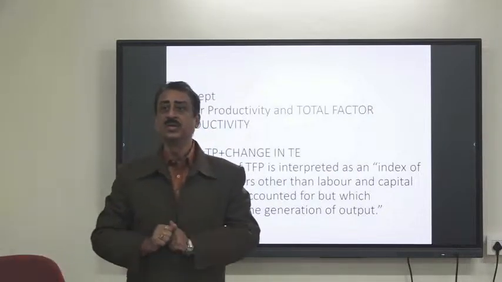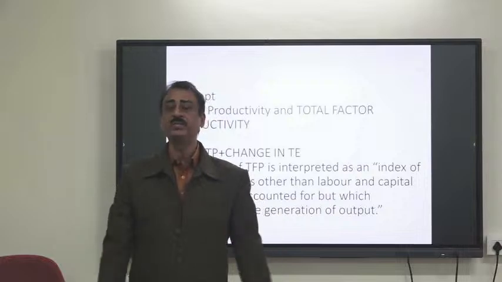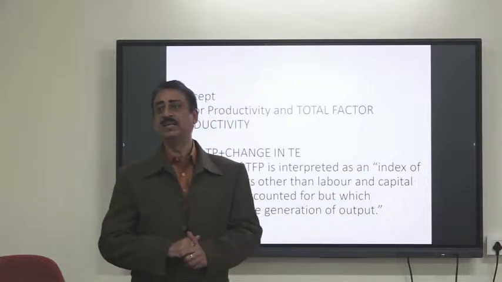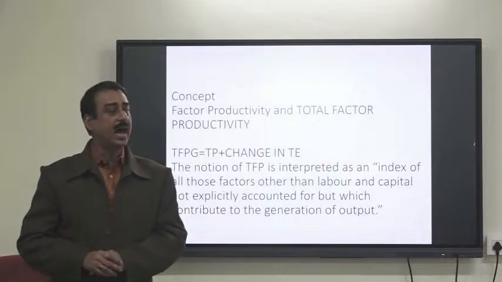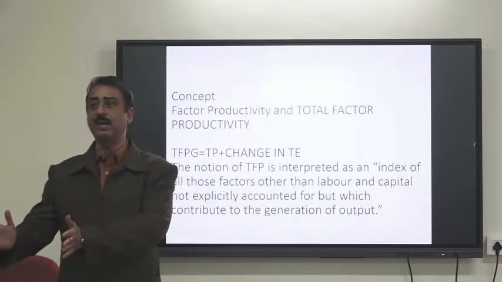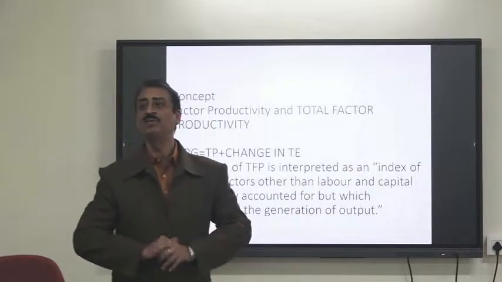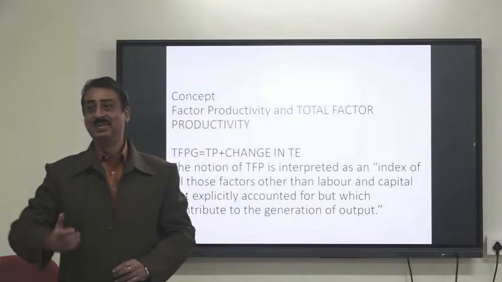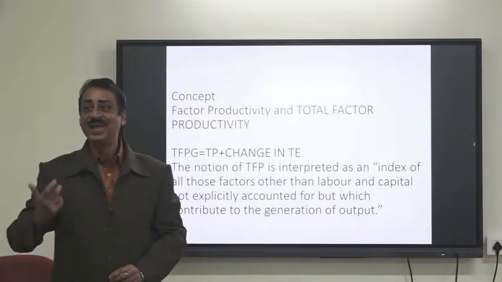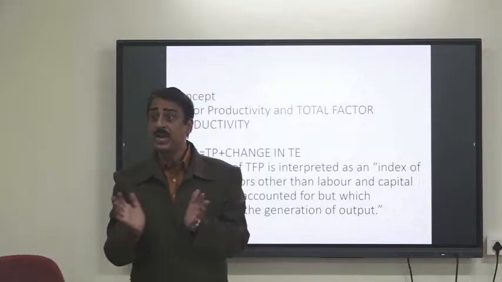Now suppose someone suggests that no, I will not use the labor intensive method. I will use the capital intensive method of production, where I will be engaging 10 units of capital and 20 units of labor. Okay. So 100 divided by 20. Labor productivity is high, 5. So can you really compare between them?